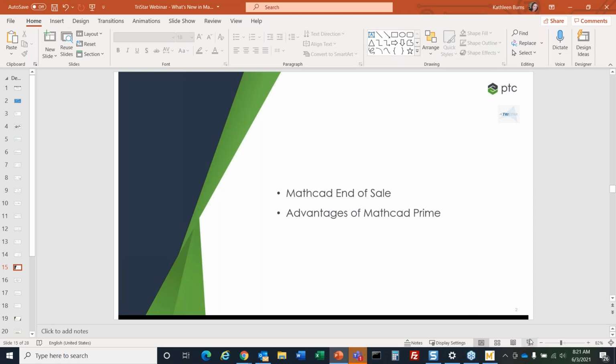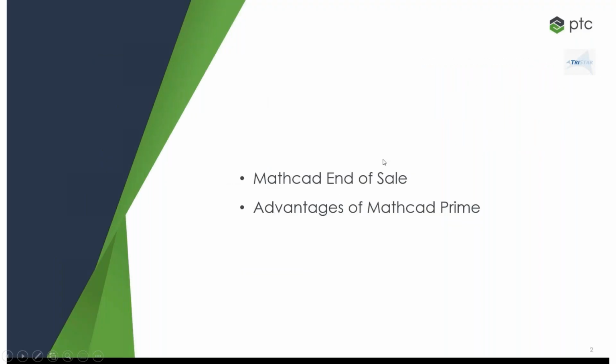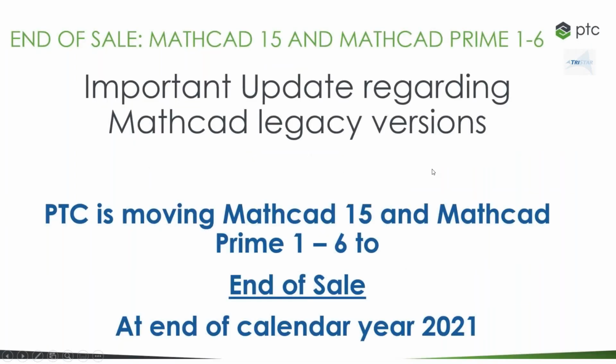Let's start talking about Mathcad end of sale. PTC is ending the sale of Mathcad 15 and Mathcad Prime 1 through 6 at the end of the calendar year 2021.